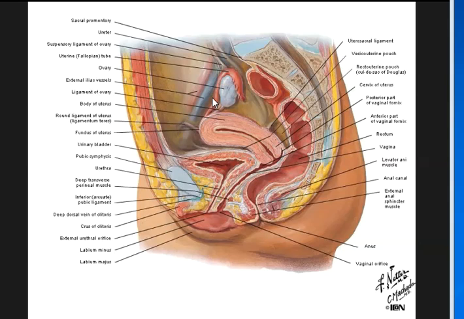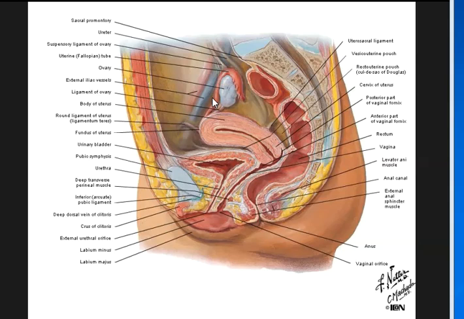The lymph of the ovary, the same as the testes, should drain to the lateral and preaortic lymph nodes. But do not forget that the lymph from the uterine tube and fundus of the uterus, here is the fundus of the uterus and the uterine tube, communicates with the lymph from the ovary, as you can see here.